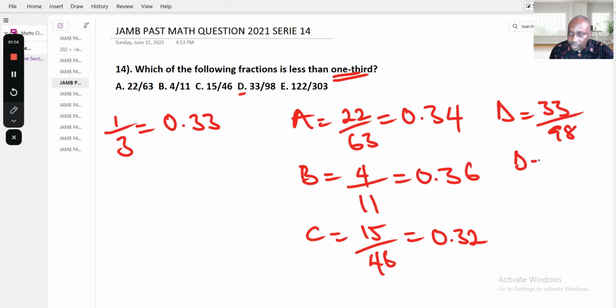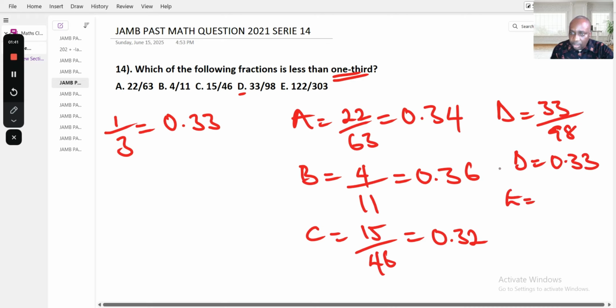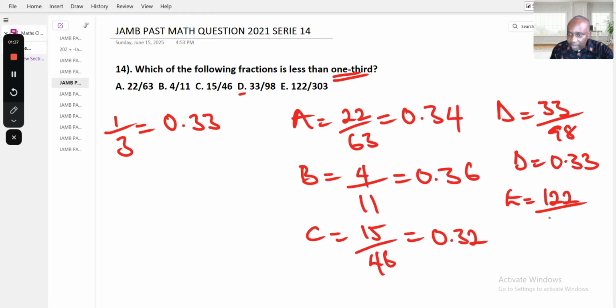What is it going to give us? 33 divided by 98 is going to give us 0.33. Option E, which is the final one, 122 divided by 303. What is it going to give us? It gives us 0.40.